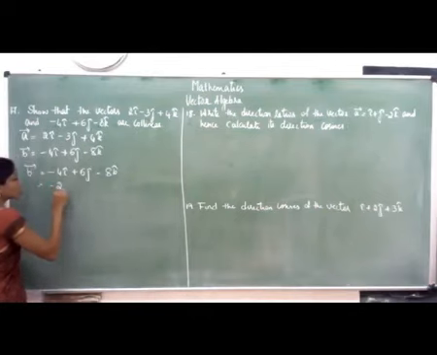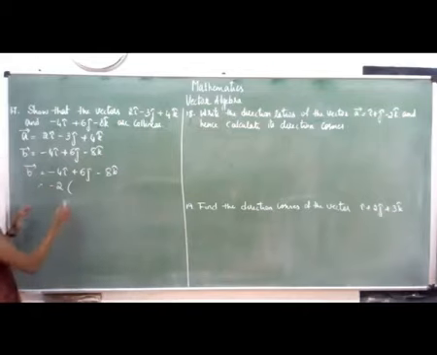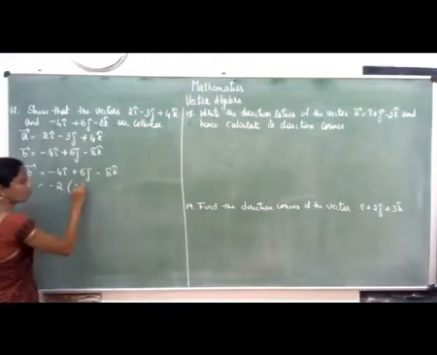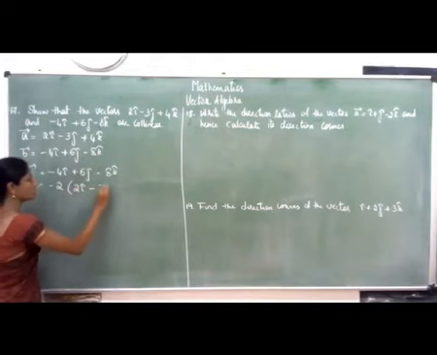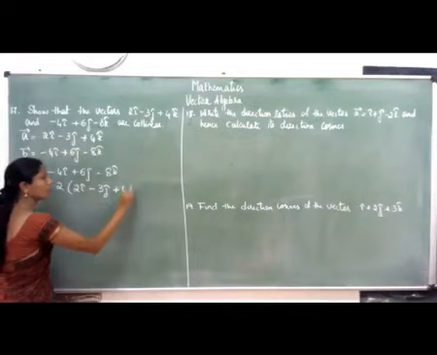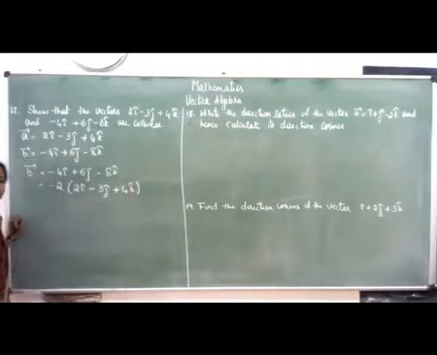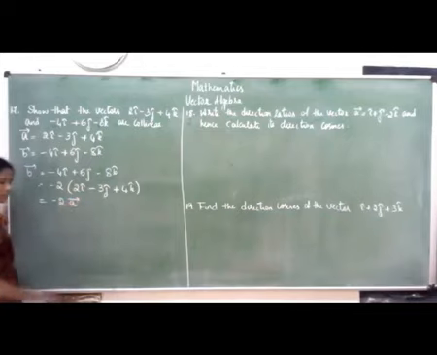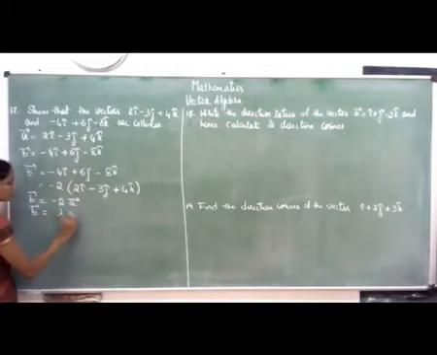So taking minus 2 common, this reduces to 2i cap minus 3j cap plus 4k cap. And this is equal to our vector A. So this can be written as minus 2 times vector A. So vector B is equal to lambda times vector A.